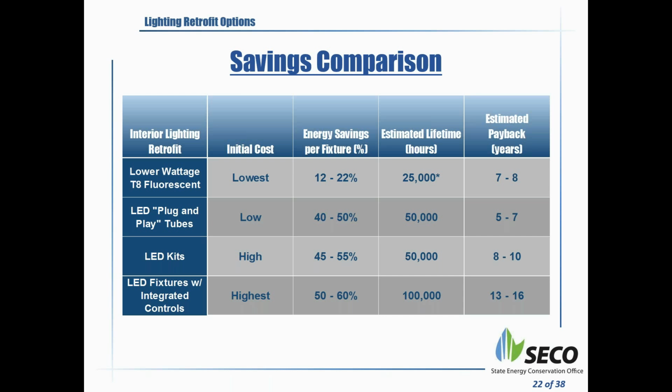But you will also have more savings, 50 to 60%, and you will have longer life of lighting, almost 100,000 hours, and the payback is longer because of the cost of these things. Now, as the cost keeps on dropping, the paybacks keep on getting better and better. So I just wanted you all to have this consideration when you're looking at your lighting retrofit options.